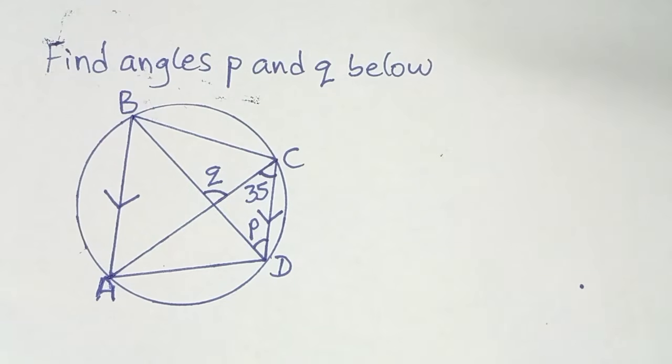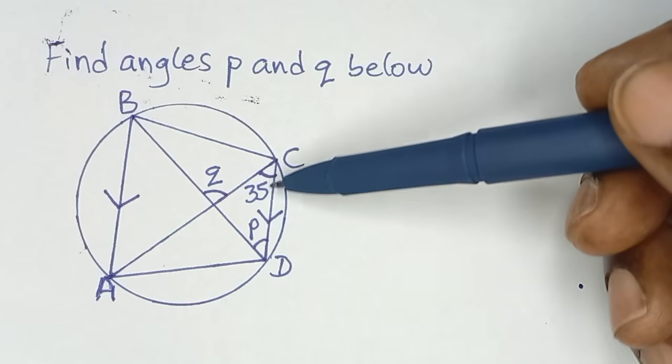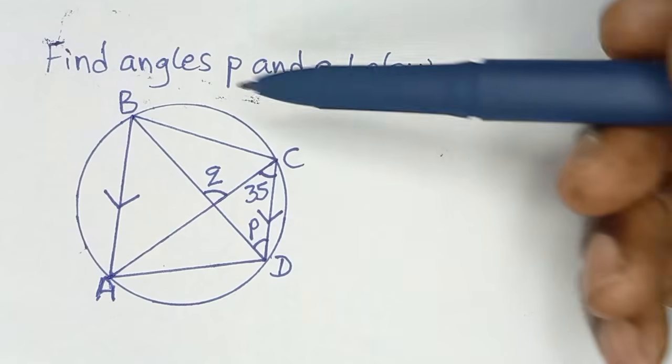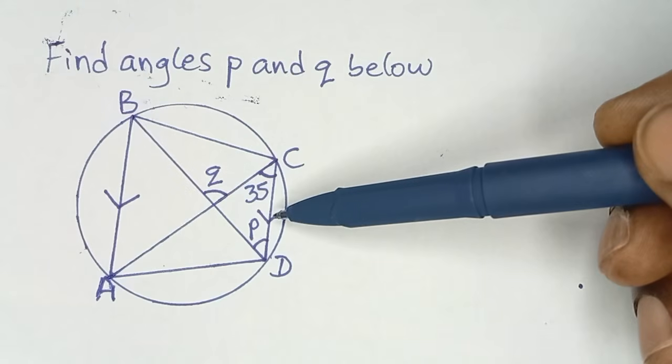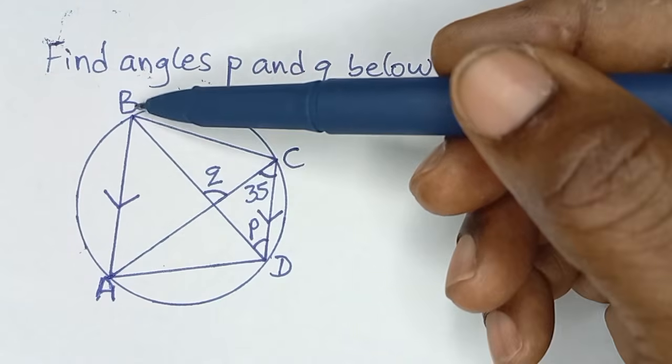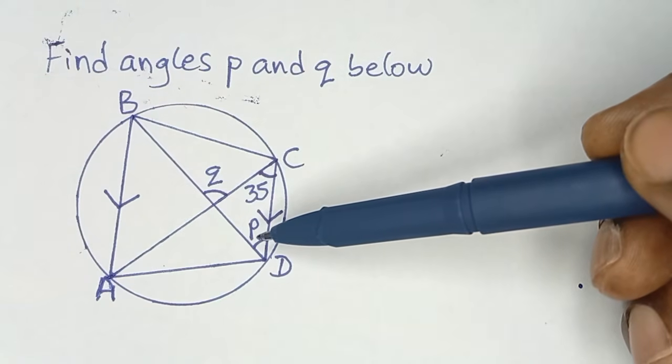Now, if you look at this line here, CD, it is parallel to the line AB. You can see the arrow marks here showing that they are both parallel lines.